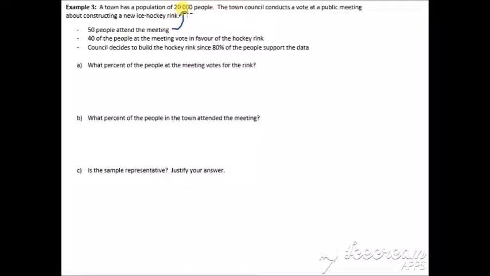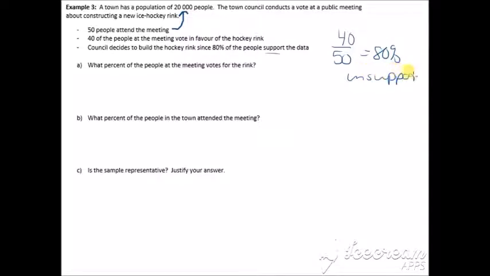These are probably people who feel very strongly for or against the rink. 40 of the people at the meeting vote in favor of the hockey rink. So the council decides to build a hockey rink since 80% of the people support it. If you go 40 divided by 50, you get 80% of people in support.